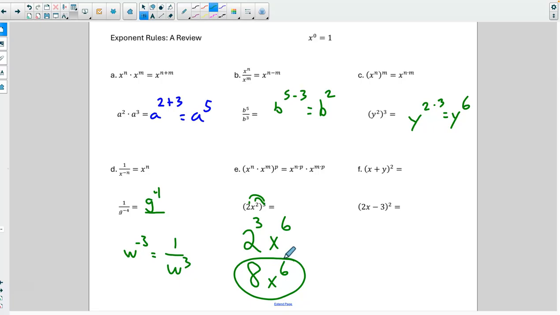So we're going to write this like this. 2x minus 3 times 2x minus 3. I'll give you about a minute to do that.